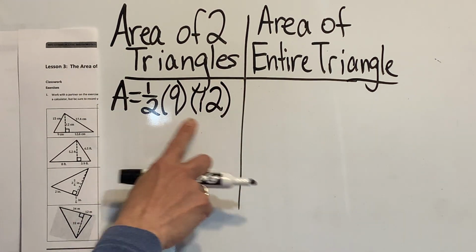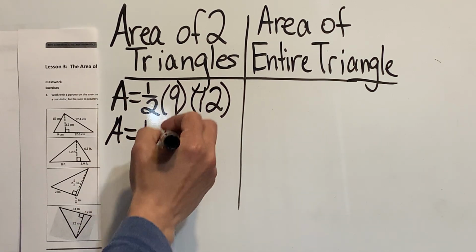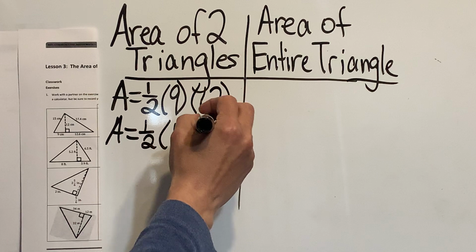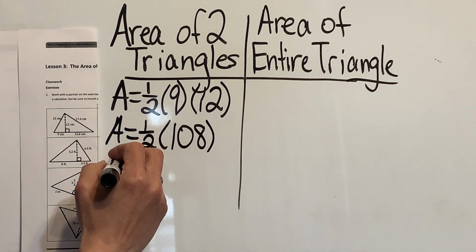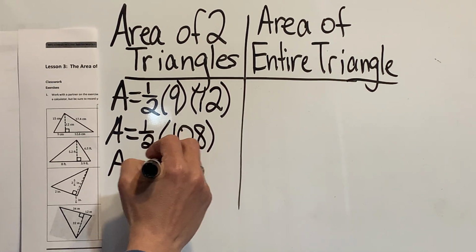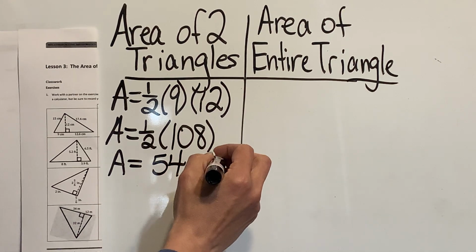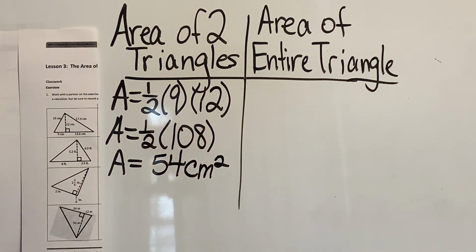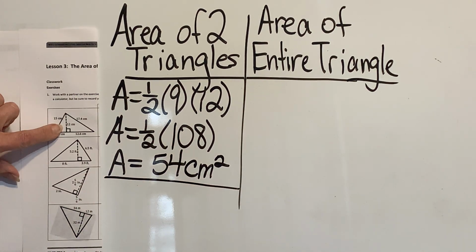And I know that 9 times 12 is 108. And so then I can figure half of that equals 54, and I have to have my measurement centimeters, and I know that area is squared. All right, so I found the area of this right triangle.